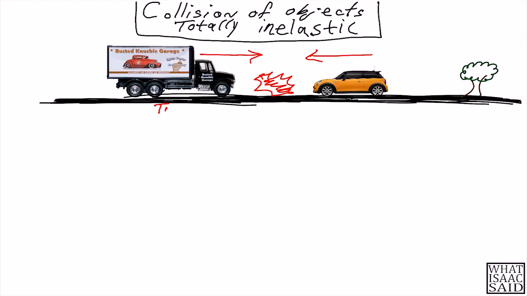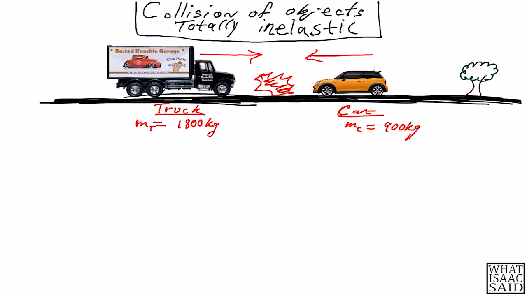So I'm going to denote some values here. The mass of my truck, with a small t there, is going to be, let's say, 1800 kilograms. And let's say the mass of the car, which I'm going to put as MC, equals 900 kilograms. Again, these are just synthetic numbers for the simplicity of our problem.